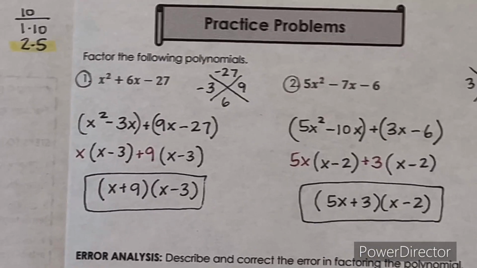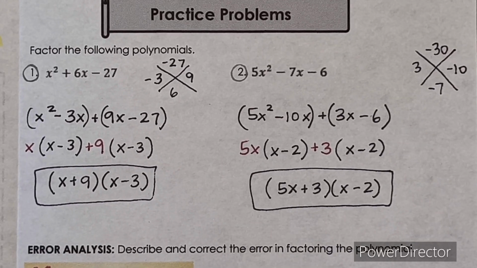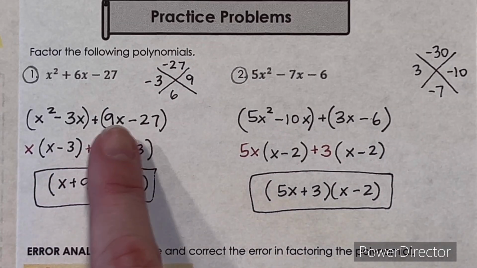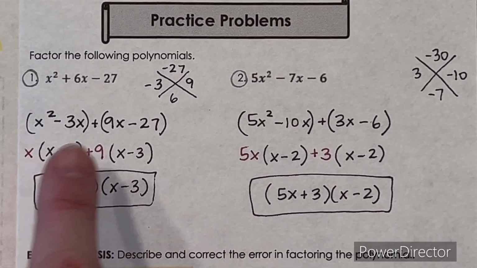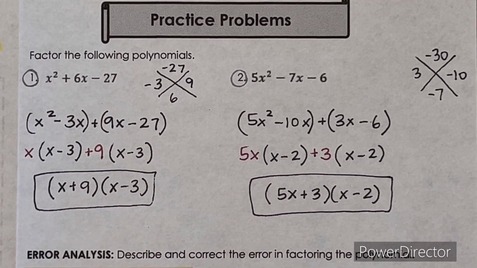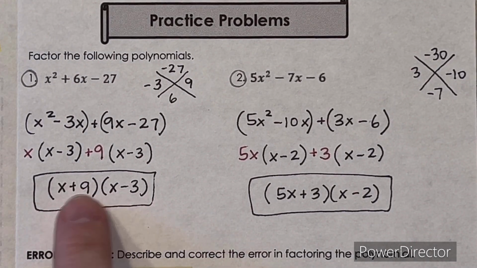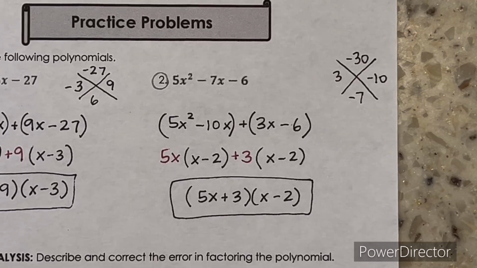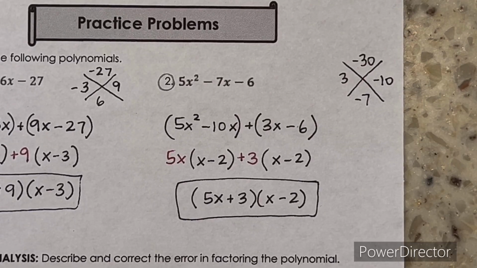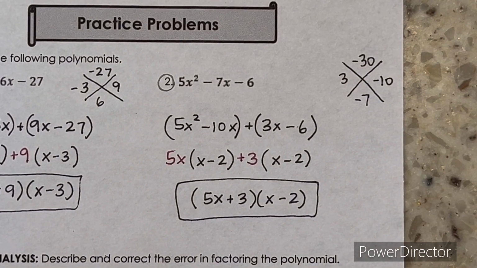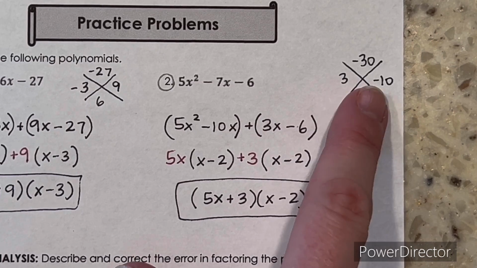And then sliding over here to the right, here are the two practice problems. Take a glance real quick because I do want to talk about that second one. The first one was very similar to the one over there on the left. You just had to make sure that you matched them up correctly. Take out your GCF. There it is. Now on this last one, I wanted to make sure that I talked about this one. We have 3 and -10.